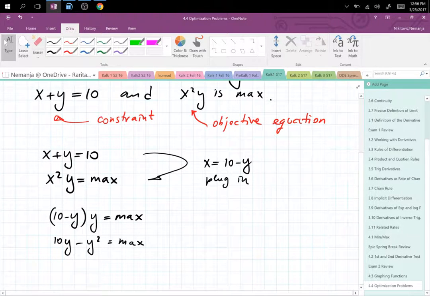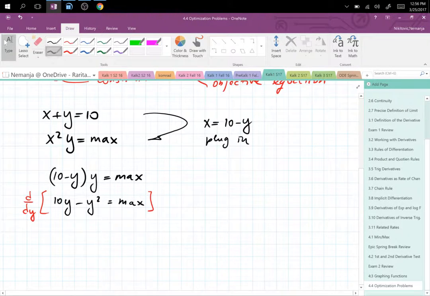So now when you look at this, max value is some number that you don't know, right? What I'm going to do is take the derivative with respect to y, in this case, because that's the variable that I have. I'm looking for the max of this, right? So you take the derivative. Now observe what happens.